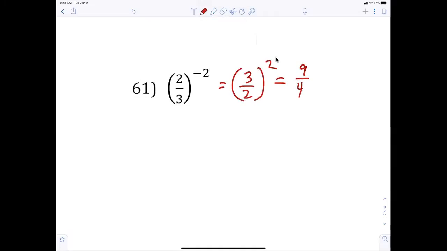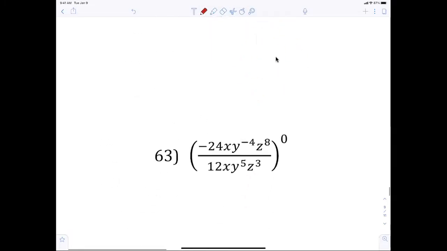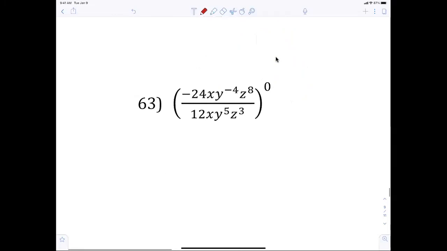All right. Next, we can do this. 1. Anything to the 0 power is 1. A lot of people tried to mess with that. They forgot something to the 0 power is 1.